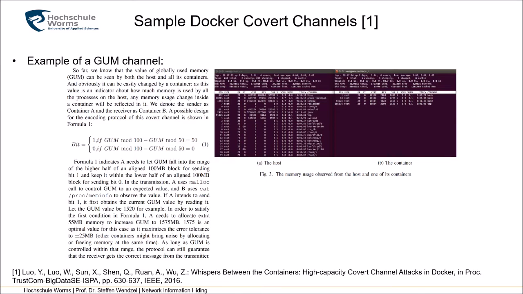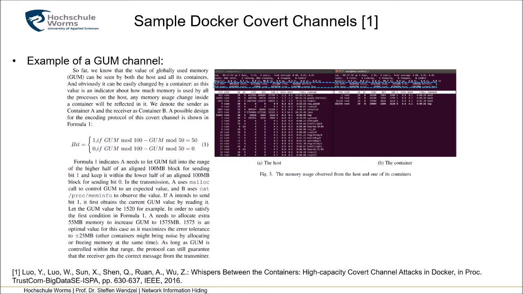Figure 3 from the paper by Luo et al. shows you in the top tool, which monitors processes, the globally available memory, and the same value is shown for the host and for the container. This includes not only the available memory but also the used memory, as well as the free memory.